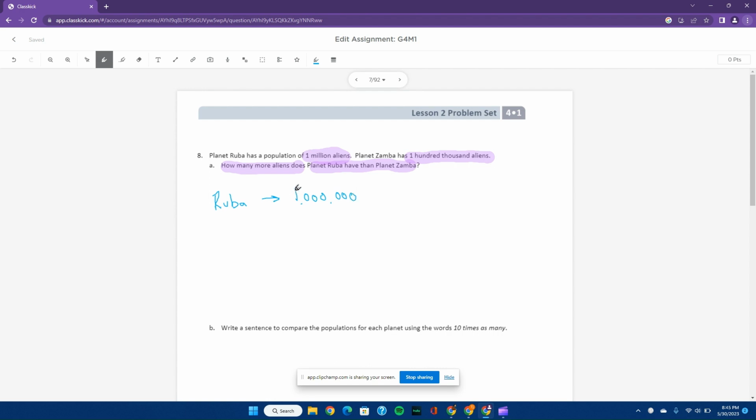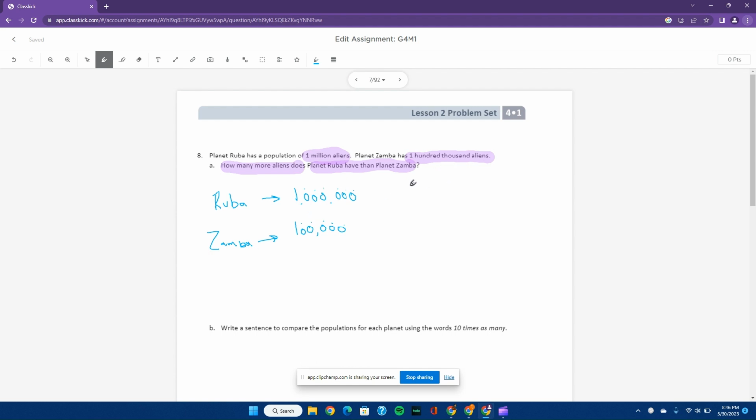Okay, we have a 1 in the millions place, and planet Zamba has 100,000. Okay, if you notice, it's 1 less 0. Here we have 1, 2, 3, 4, 5 zeros in 100,000, and 1, 2, 3, 4, 5, 6 zeros in a million.